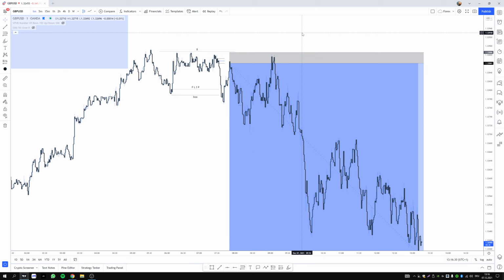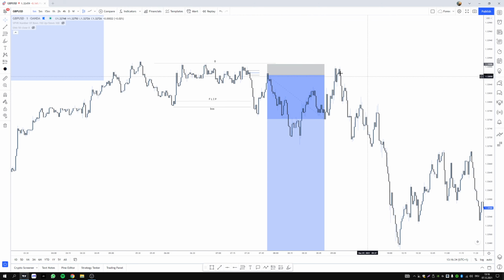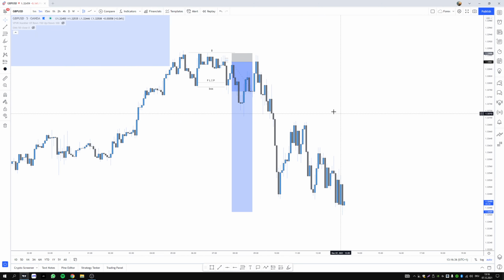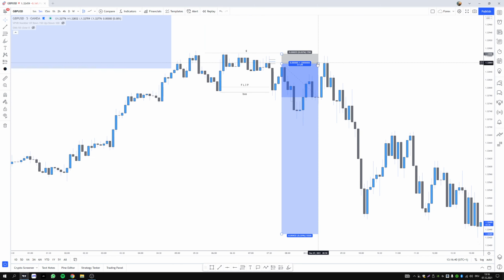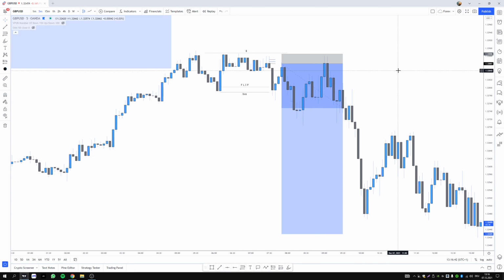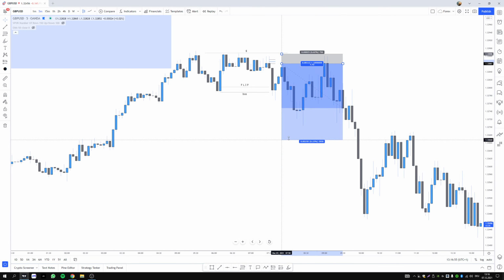So quick reminder to myself, look for the 5-minute break of structure and not for the 1-minute break of structure. I'm not so comfortable with having the stop loss not at break even after 6R.